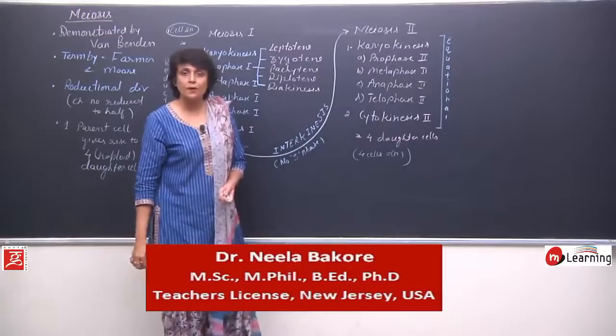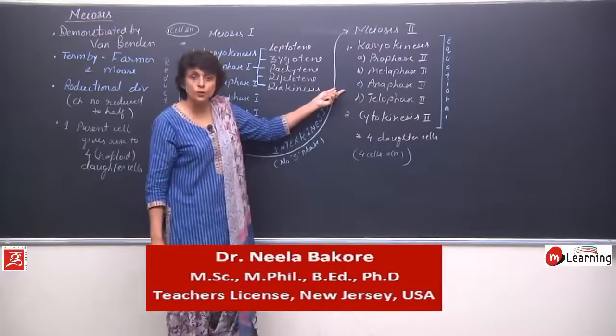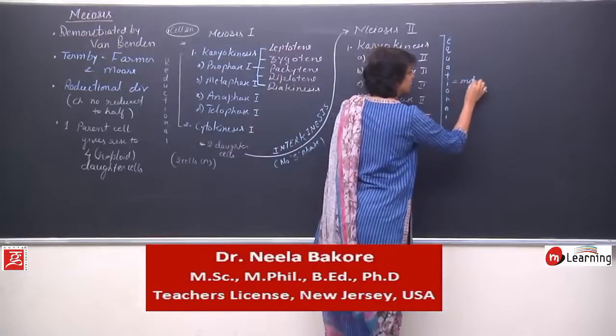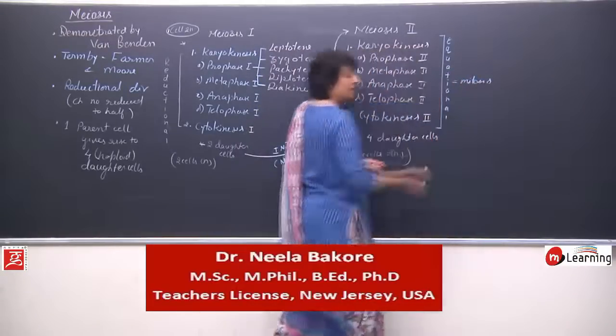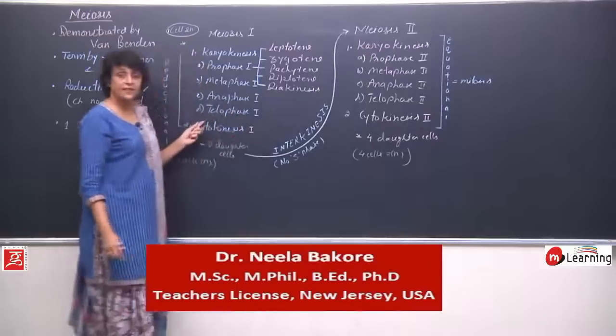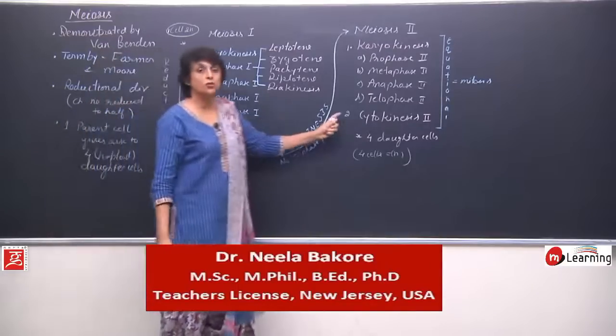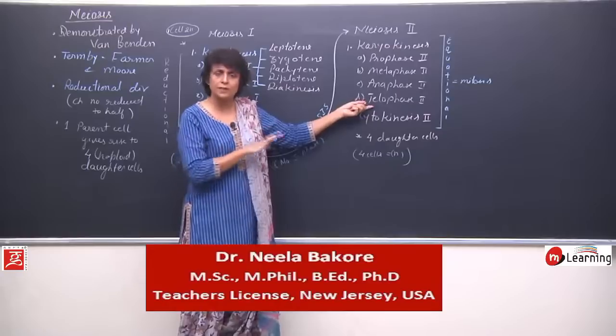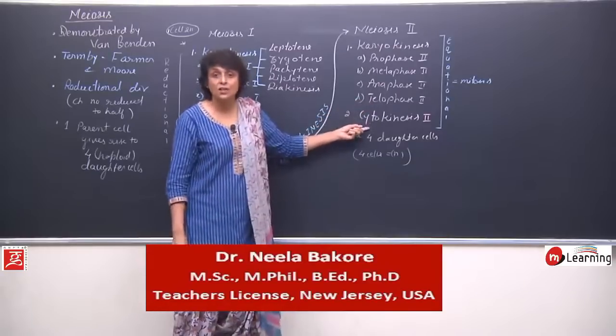Mitosis is also equational. So meiosis 2 is similar to mitosis. Meiosis 1 is reductional division and meiosis 2 is equational division, which is pretty much same as mitosis.